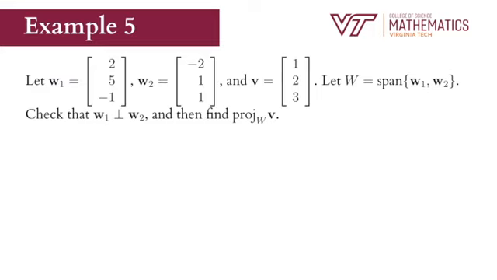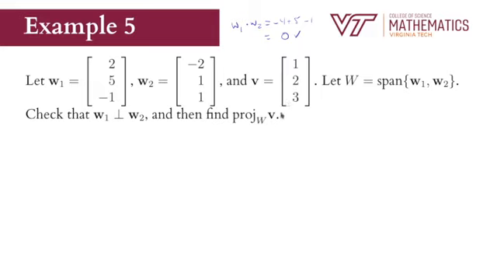So let's try this again. Let's look at these two vectors. W is the span of the two vectors. First, let's check to make sure that W1 and W2 are perpendicular, because we do need an orthogonal basis for this to work. So W1 dot W2 is -4 plus 5 minus 1, and that is 0, so that does check.